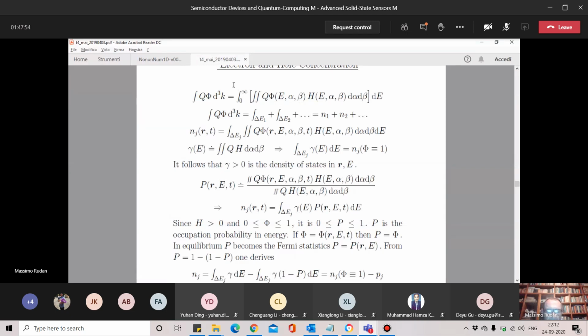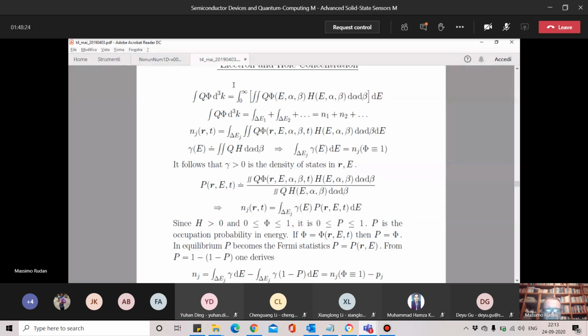Obviously, if you count the total number of electrons in a band that is completely filled, since each electron fills one state, counting the electrons in this case is equivalent to counting the states. But this is an integral only over K, so it gives you the concentration.